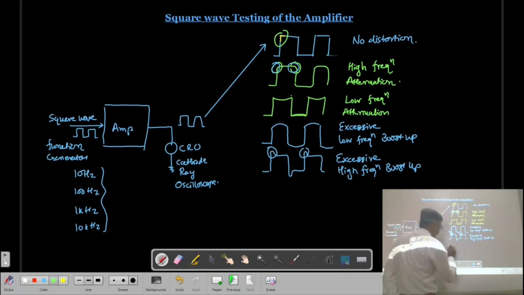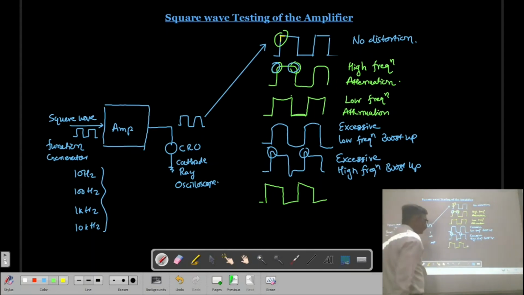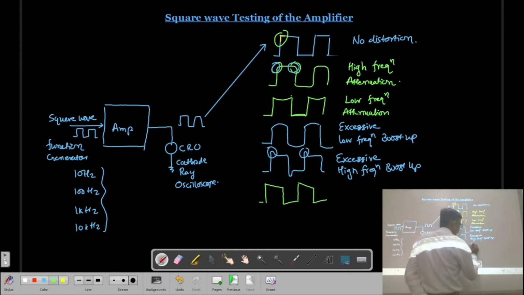Now if we have this kind of shape, so here instead of the flat portion we have a line with some slope, and that line is with a negative slope. It is indicating the low frequency phase distortion.